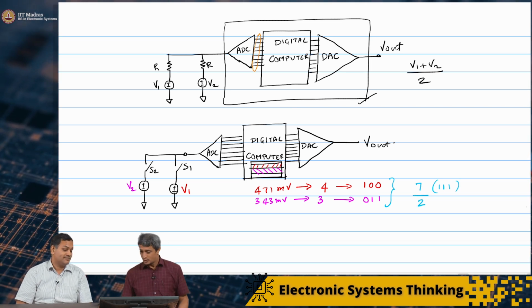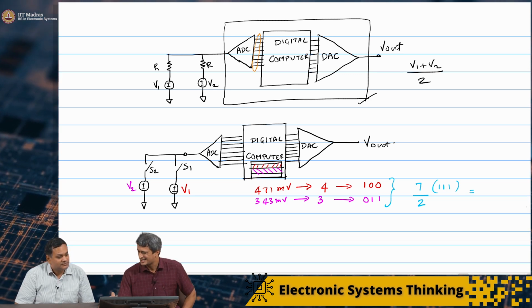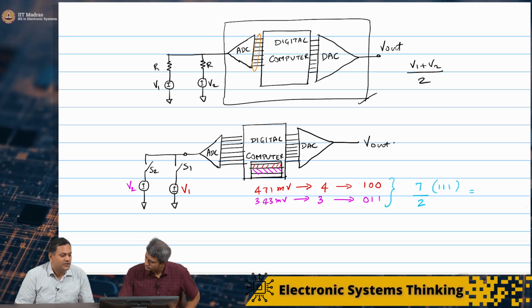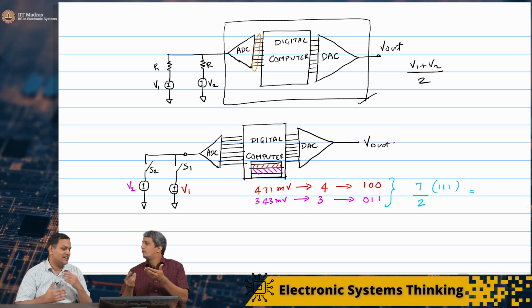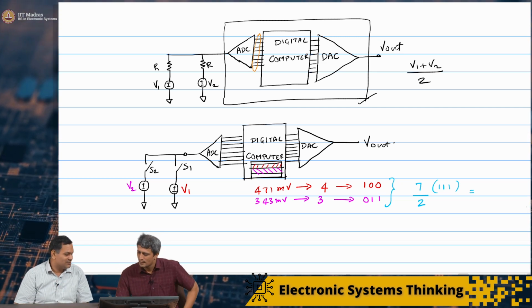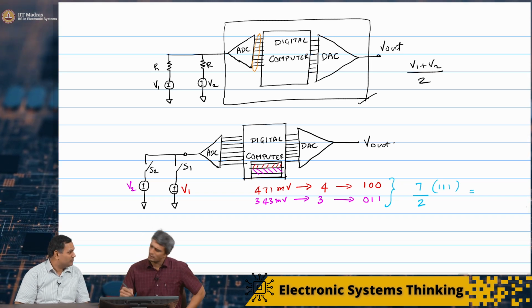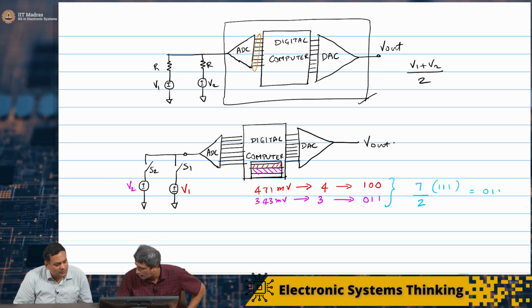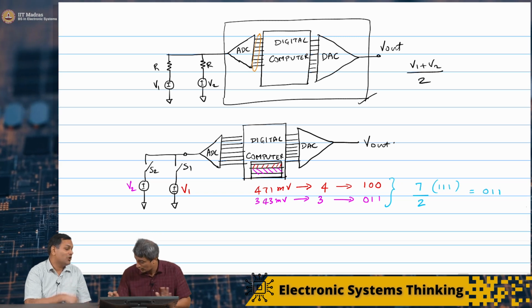What is this answer? If I get 7 by 2, it is approximately 3.5. It depends on how we deal with the fractions. We could round down, which gives 0, 1, 1, that is 3.